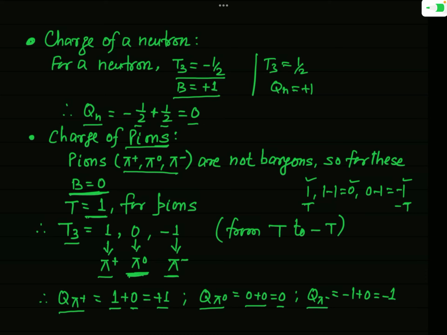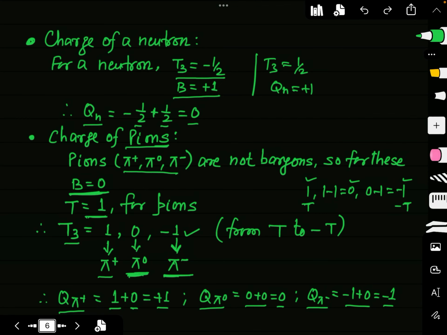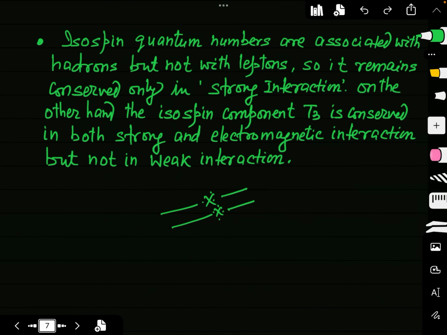And for the charge of pi minus, Q pi minus, this will be T3 plus B by 2. But T3 for pi minus is equal to minus 1. So this will be minus 1 plus 0, that is minus 1. So in this way, using the Gell-Mann Okubo formula, we can find the charge of these particles.